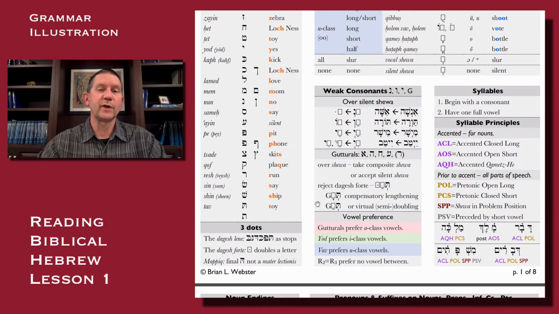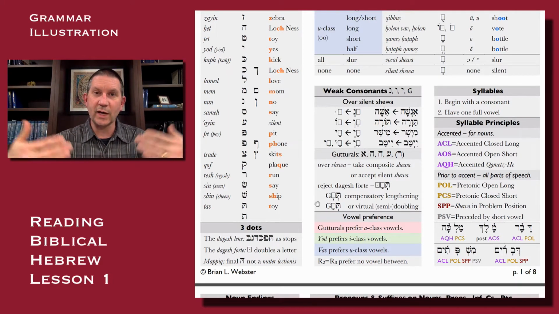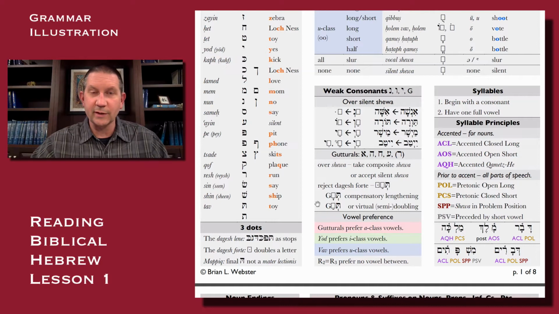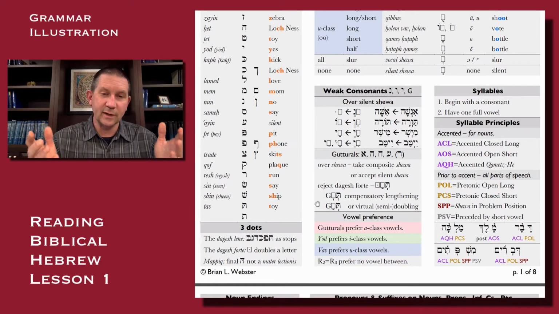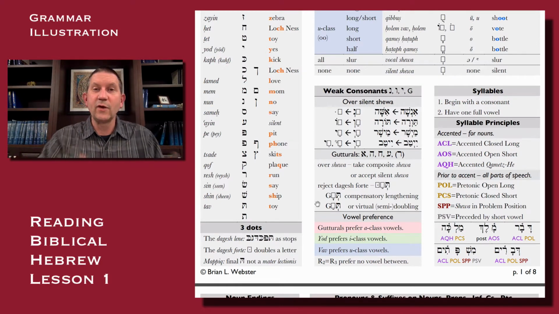And right now you just want to be able to say gutturals reject dagesh forte, and we either have compensatory lengthening, which is that the previous vowel becomes lengthened, or we get virtual doubling, which is that nothing else happens except there's not actually a dagesh there. We're going to see that playing out in future chapters. Right now we just kind of want to have that rule rolling around in the back of our head so that when it comes up in practice, we can say, oh yeah, that's what's going on. It's guttural not taking dagesh.